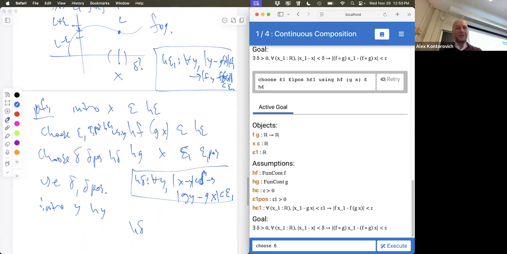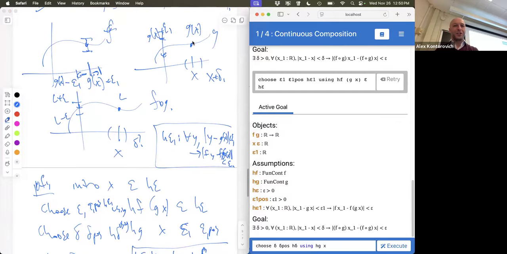So choose delta, and the fact that delta is positive, and the hypothesis on delta using hg at x, with what wiggle room in g? Epsilon 1. And why is it positive?